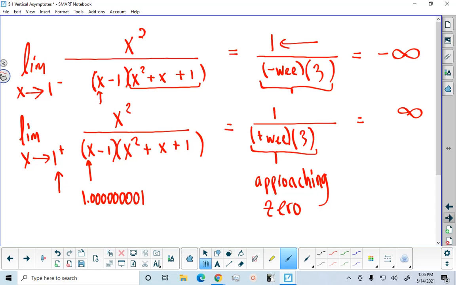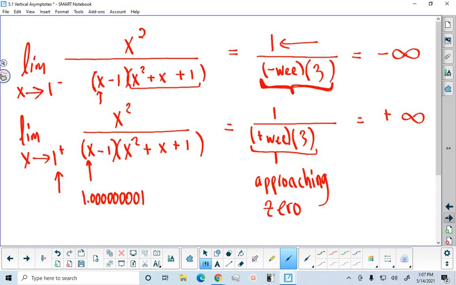The difference is that in the denominator, this one, the bottom is approaching 0, but it's doing it with a negative value. So that's why we get negative infinity. All we have discovered here, everybody, is that when you look to the left of the asymptote, the graph will go down, and when you look to the right, it will go up.